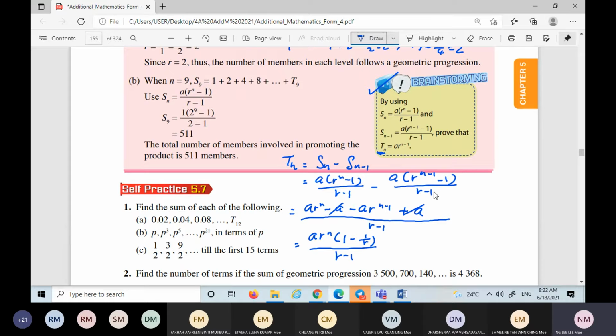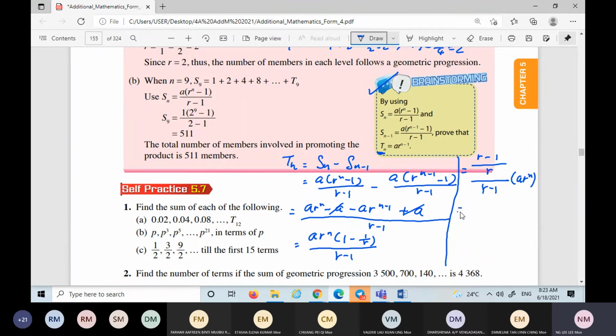So I continue. For this, 1 minus 1 over r, I try to find the common denominator, which is r. So the 1 is r over r, so it's r minus 1, over r. And then the a r power n I put at the side.